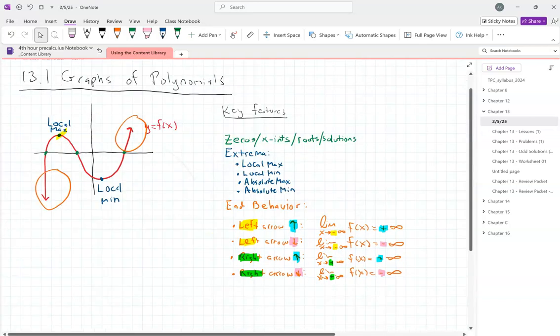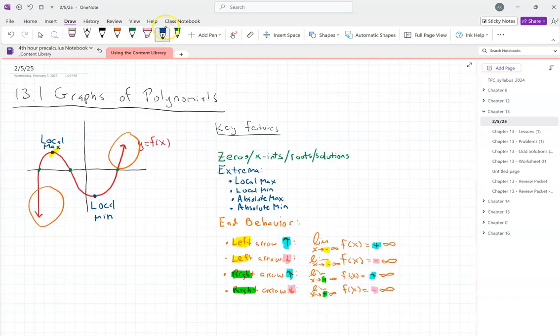So if we go back and I look at my graph, if I look at this arrow, that's the left arrow pointing down. So that's the end behavior that I would write. Does everybody feel okay there?